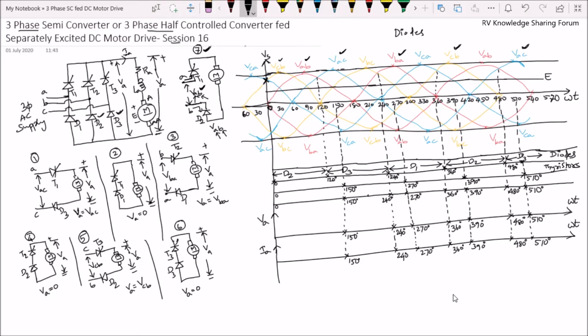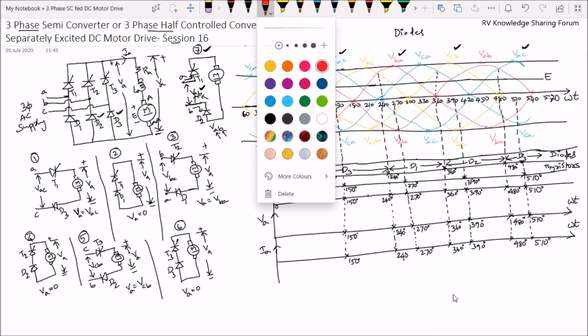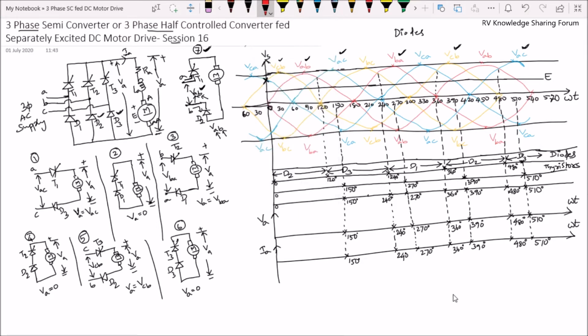Now let us trigger the thyristors. First let us consider the line voltage VAB. Let me mark in red color. In this line voltage VAB, the first letter is A. That means A is connected to the thyristor T1.